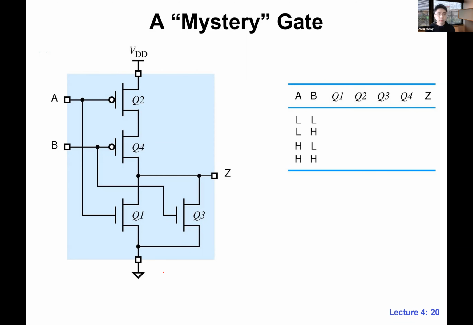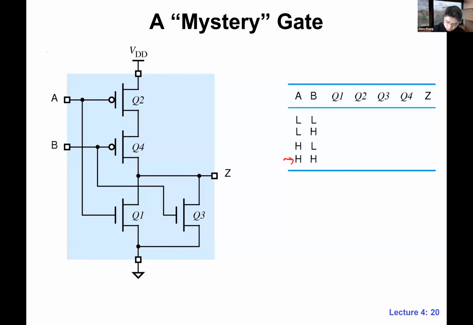This is actually related to someone's question. See here, the structure is different, actually opposite to the previous one. We have a series structure for the PMOS network and a parallel structure for the NMOS network. So this is a difference. Again, each input is connected to both NMOS and PMOS.